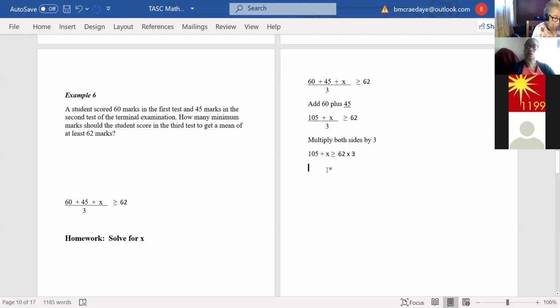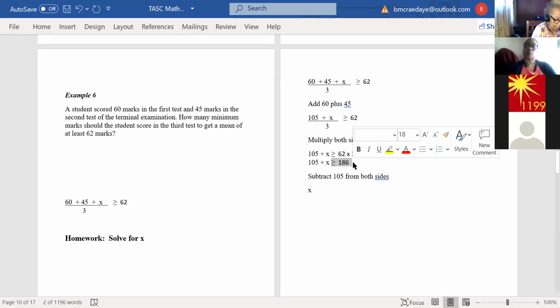Now, what's the next step? To take away the 105 from the 186. So she subtracted 105 from both sides. If you do that on the left, you'll just get X, and on the right side, we put our inequality symbol back.